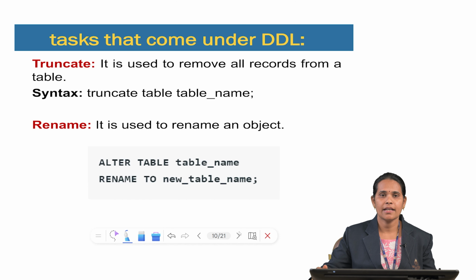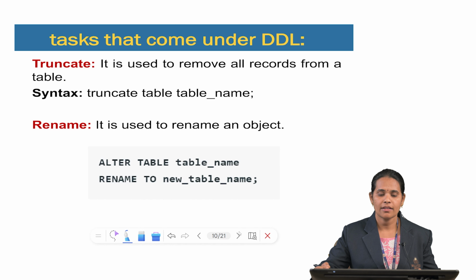The next command is truncate. The truncate command is used to remove all the records from the table, but the structure remains the same. Only with the help of truncate, we can remove all the records from the table.